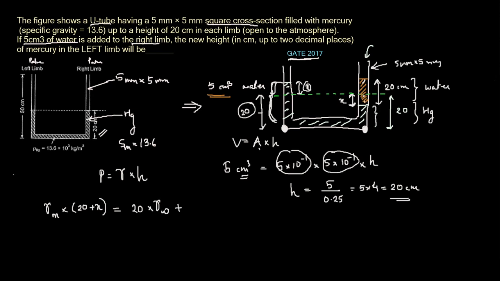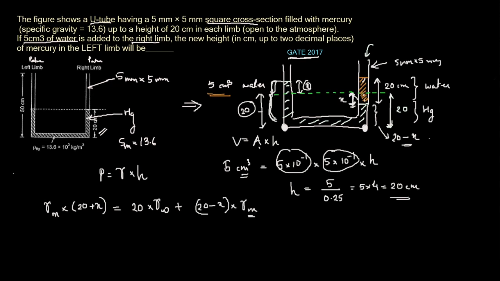This is 20, this is x, so this is 20 minus x. So we have mercury with a height of 20 minus x, so we write 20 minus x into gamma m.